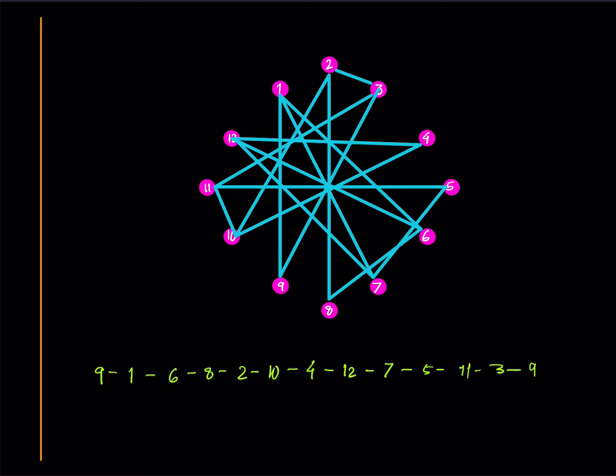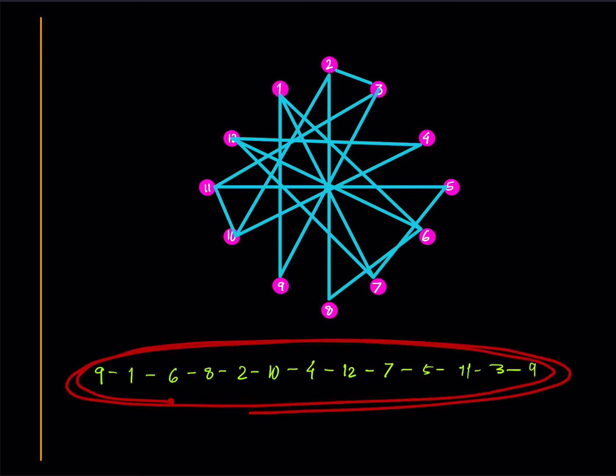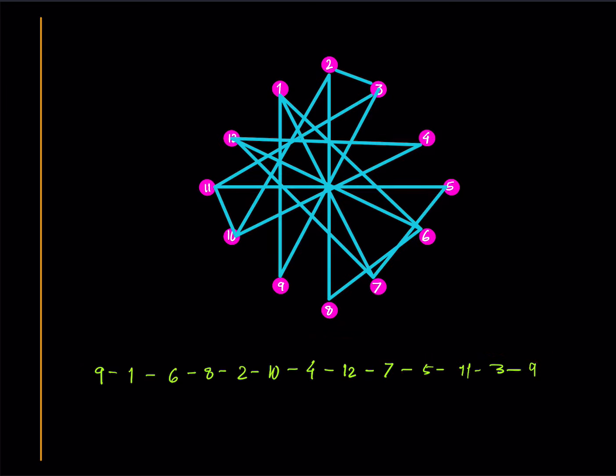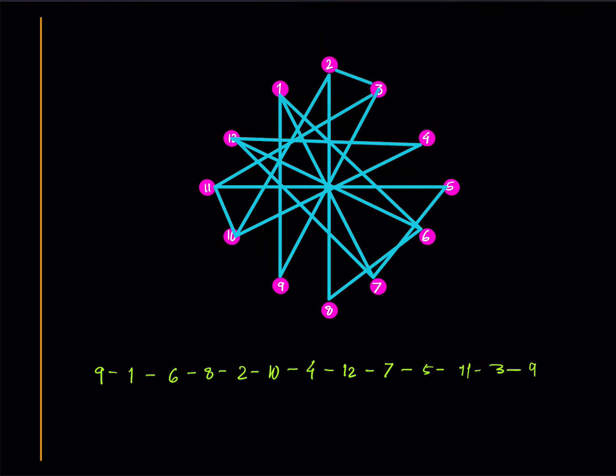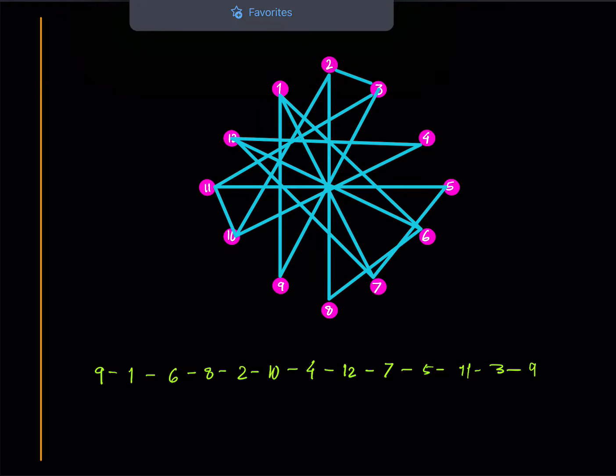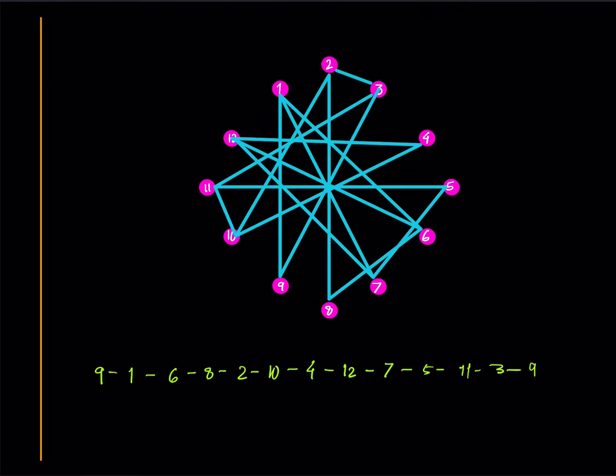And now, if we look at this sequence, what is it saying? Suppose we start at 9 and then we follow, let me use some color for it. Suppose I use this horrible color, which is green. So we start at 9, then we go to 1, then we go to 6. So this is how a knight is jumping.